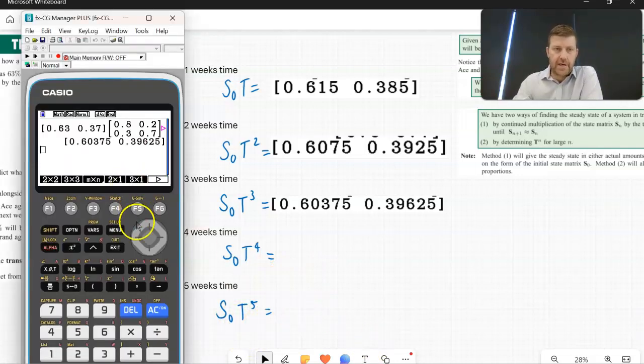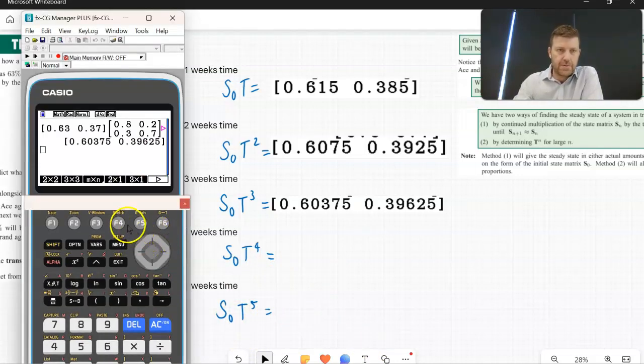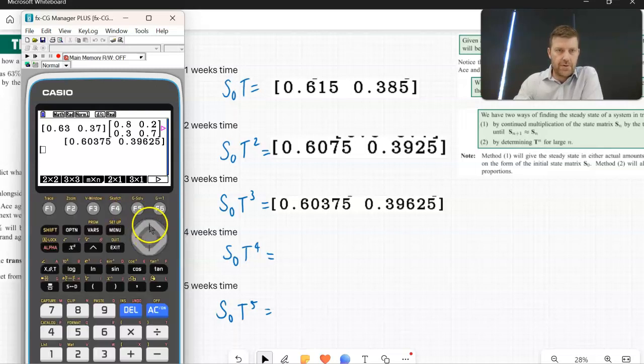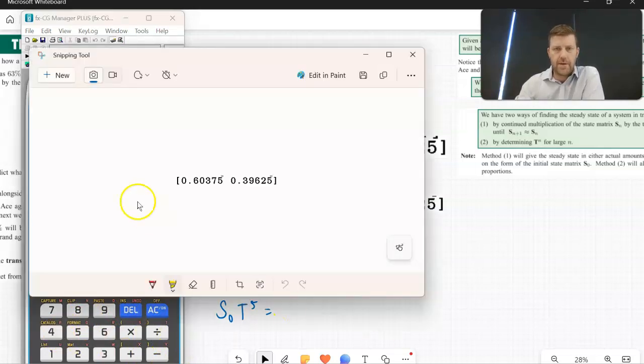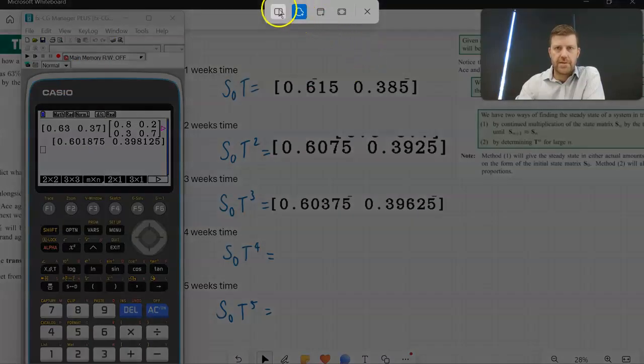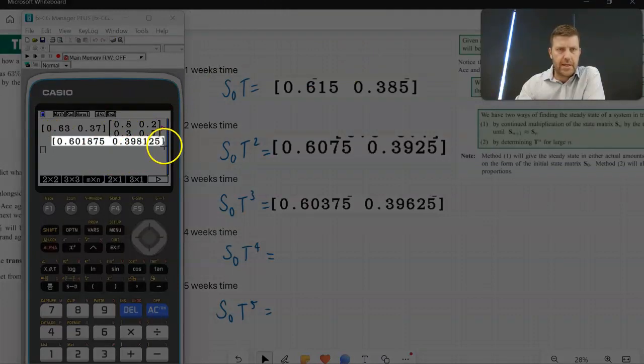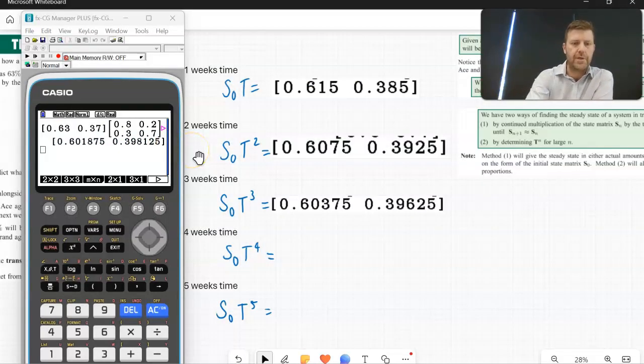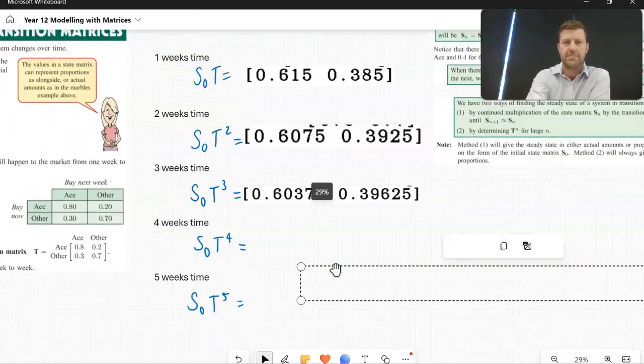So again, on my graphics calculator, I'm just going to go back and change those values at the end of the transition matrix from cubed to the power of 4. And then after this, I'll change that to the power of 5. So you can see again, it is decreasing, but it's starting to slow down a little bit. It's not decreasing by as much.